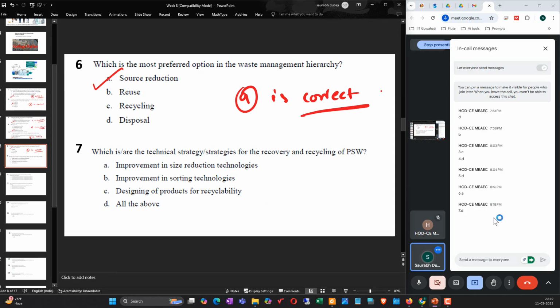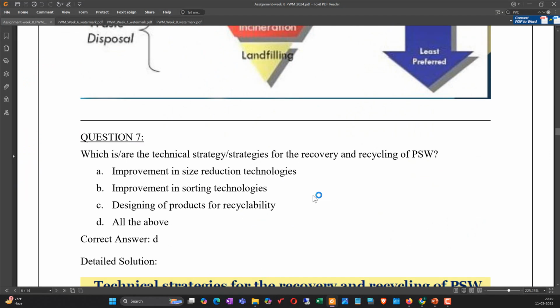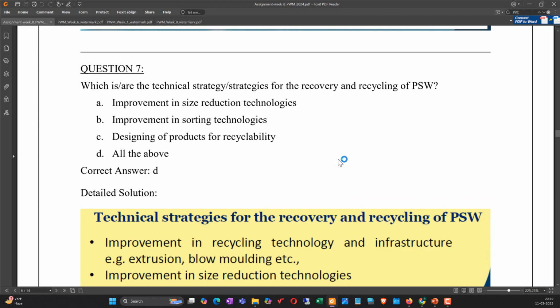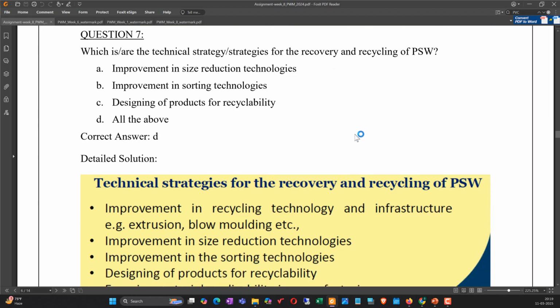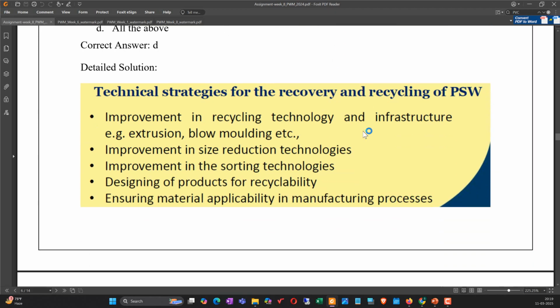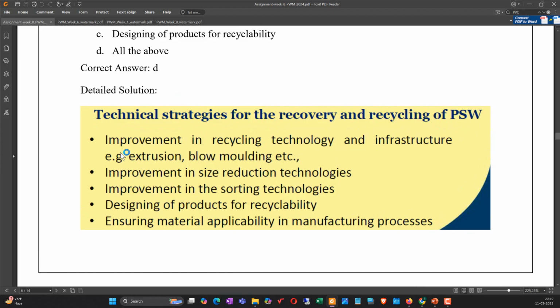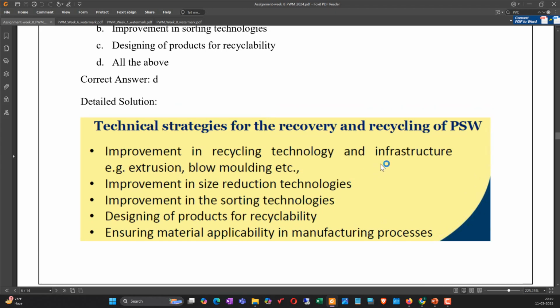And then the seventh, which is the technical strategies for recovery and recycling of PSW, right? So in this one, seventh D, she has attempted. So let me just see. Yes, the technical strategies for recovery of recycling, and here are those points: improvement in recycling technology and infrastructure. Where is this extrusion, blow molding, etc.? These all have been discussed in the first week of the course. So what is blow molding, what is extrusion, you may go through; you may expect some questions from here also.